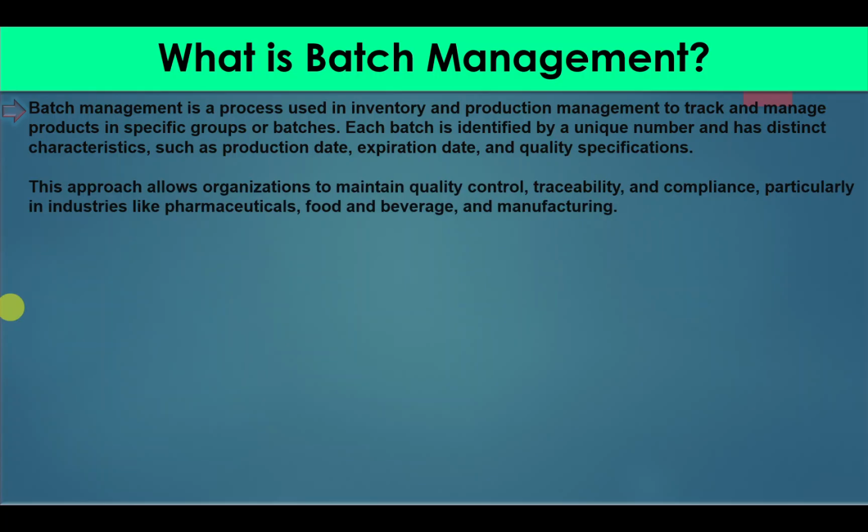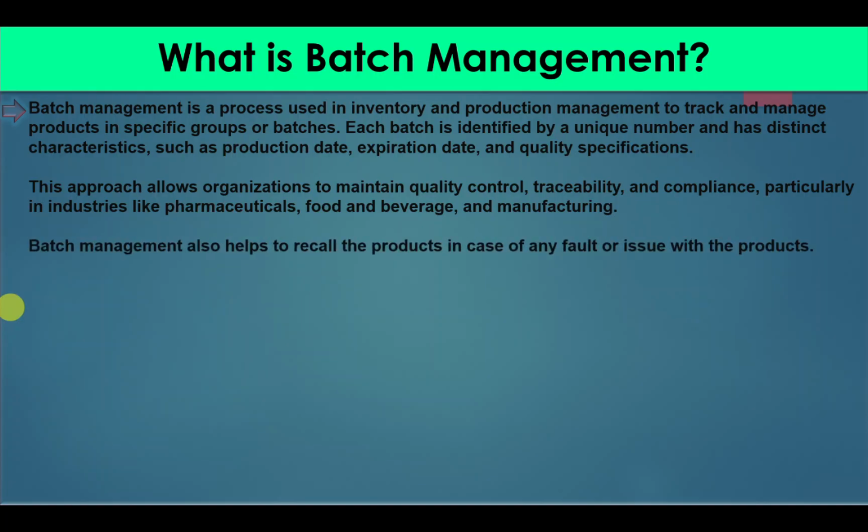Then why do we need this? Because this approach allows companies to maintain quality control, good traceability, and certain government or internal compliance, particularly in industries like pharmaceutical, manufacturing, food, or even beverage companies, and it can be used in electronics as well.